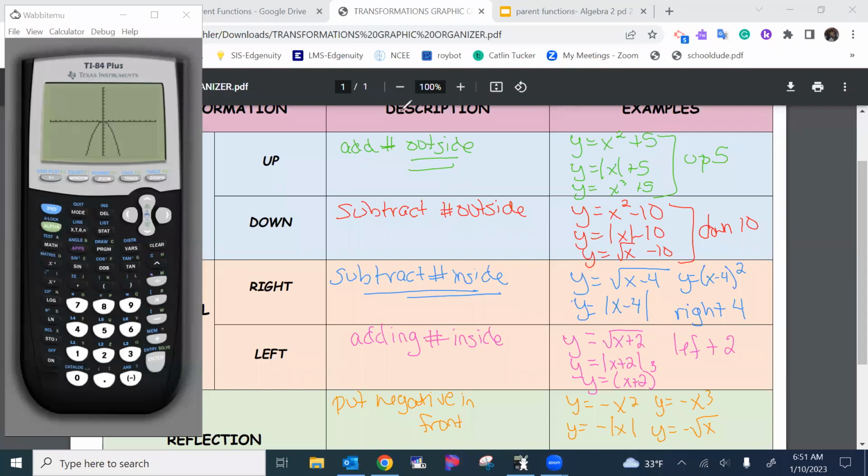Now, one thing that I do want you guys to notice, hopefully you wrote all of these down, but there are times where things will be doing 2 things at once. So things might be flipped upside down and they might be moving to the right, or they might be moving to the left and they might be moving upwards.